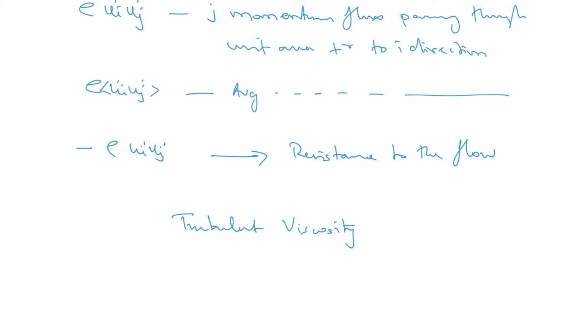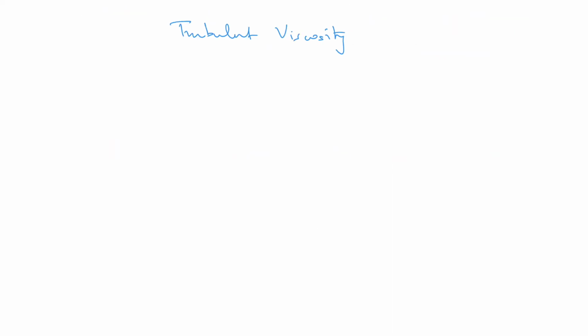The only difference is that this turbulent viscosity is caused by the fluctuations. Whenever you see the term turbulent viscosity, you see that the viscosity is offering resistance to the flow by the fluctuating velocity components or fluctuations of the fluid. That's how we have to infer. Let me rewrite the Reynolds stress tensor.